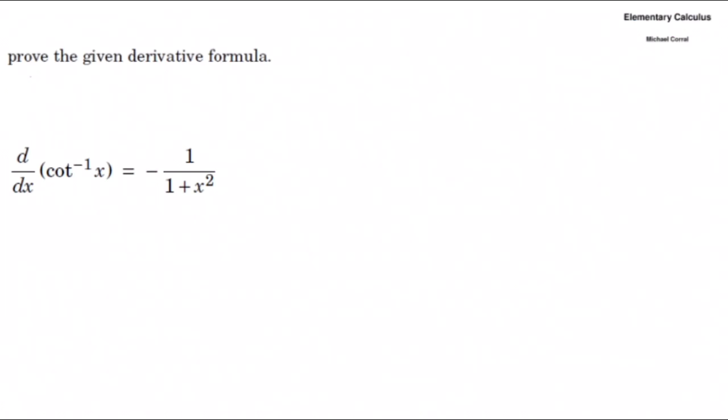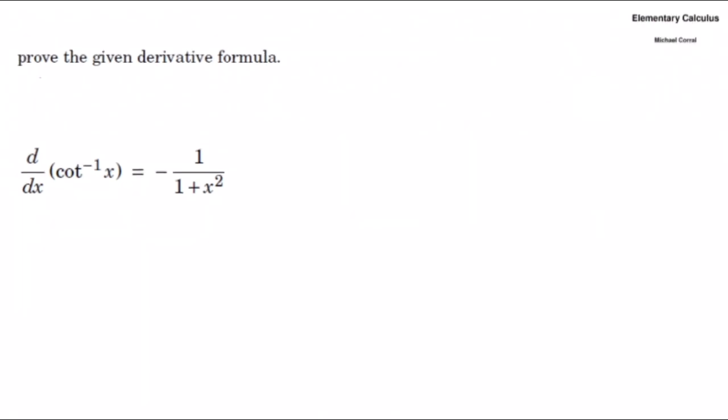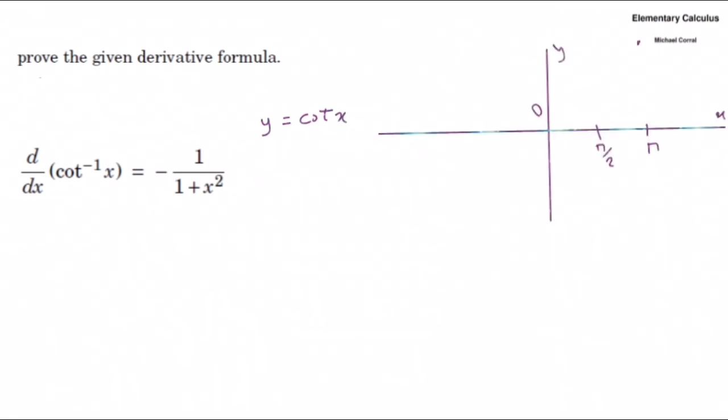The next formula is the derivative of the inverse function of cotangent x with respect to x equals negative 1 over 1 plus x squared. And we know that the function y equals cotangent x has a graph like this. And we know that y equals cosine x over sine x.